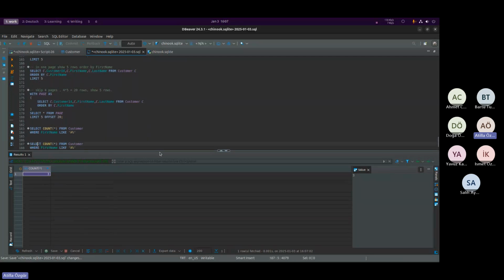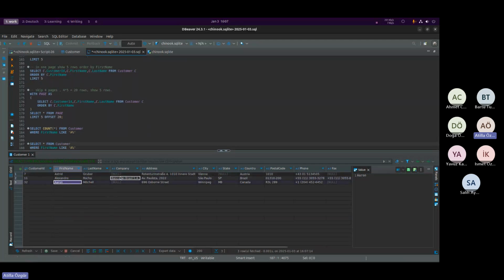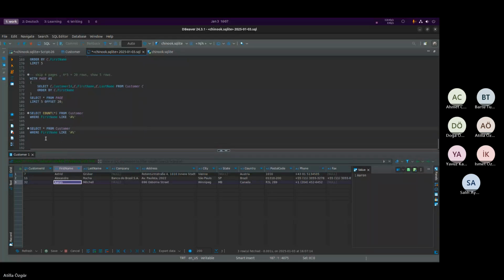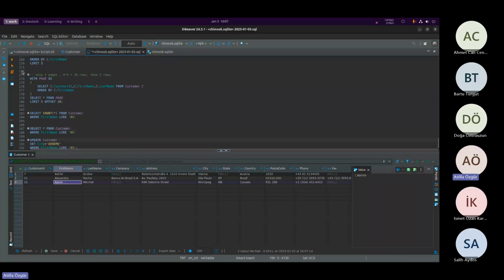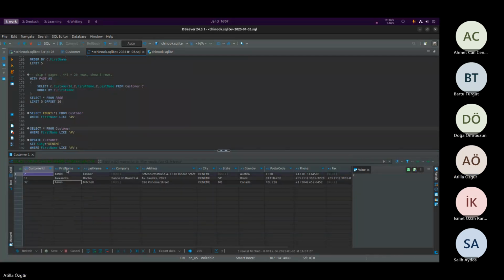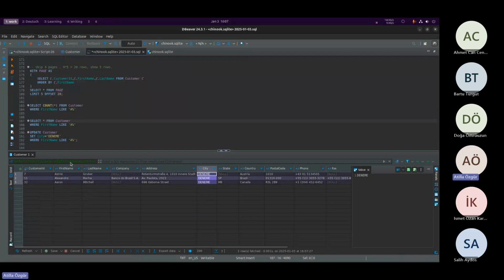If I select these rows, I will see that I am updating Astrid, Alexandra, and Aaron. And if I run this query, then I will change their names. Then I will select it again. Here, as you can see, their state is deneme. I have updated their state.